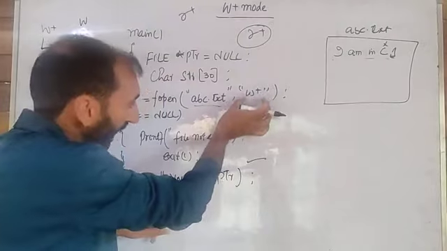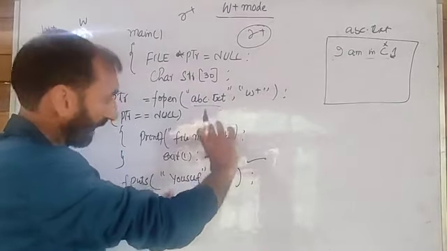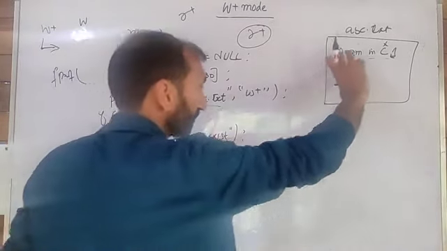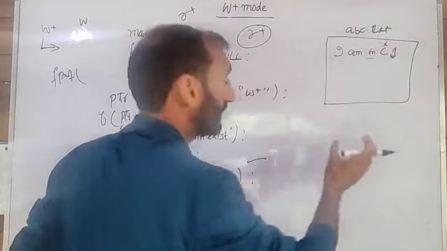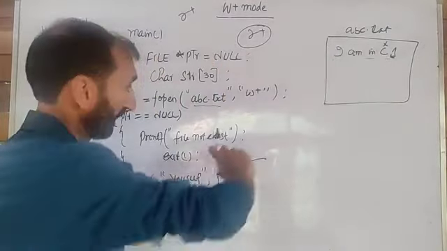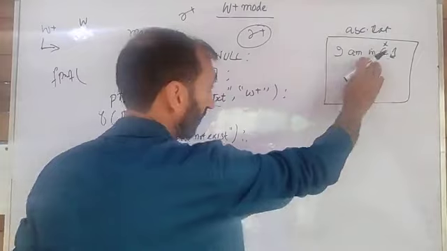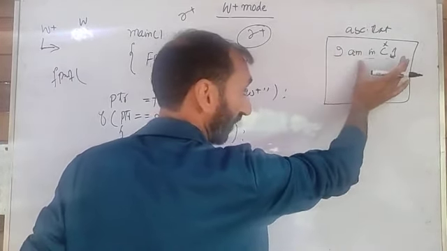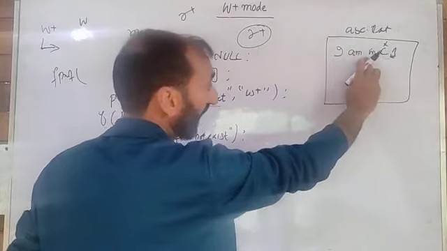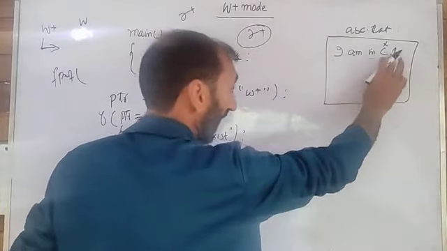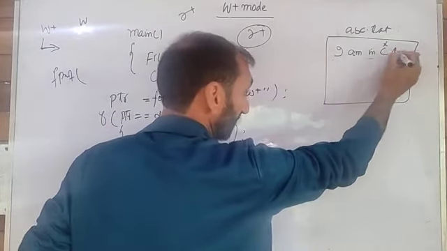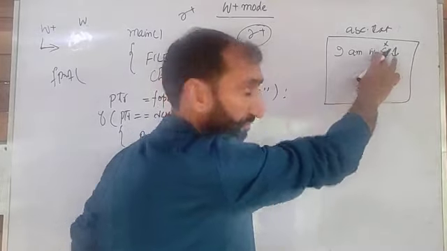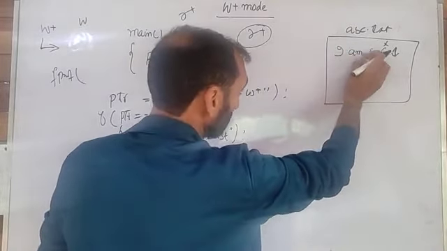Whenever I open the file in W+ mode and the file does not exist, it will create a new file and open it. But here, if the file exists, that means abc.txt is already in the hard disk and its contents are I am in C, so at this moment the cursor is at the end.